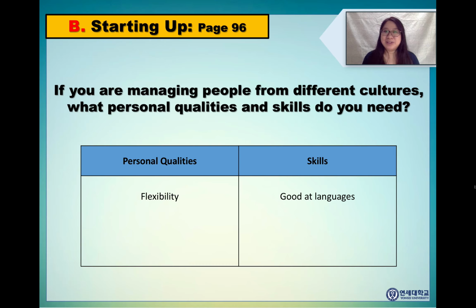In your notebook, I want you to reflect on what you think are the skills that are needed by a good manager. If you are managing people from different cultures, what personal qualities and skills do you need? You can make a table like this. Okay? Take some time with your notebook, and when you come back, we'll discuss our answers.